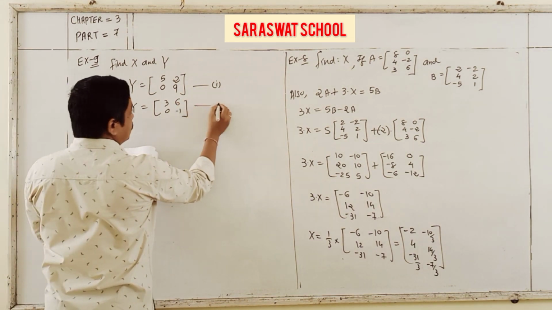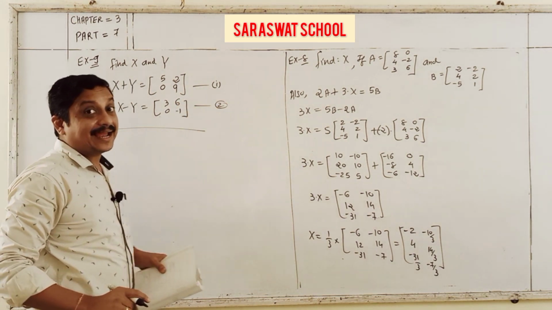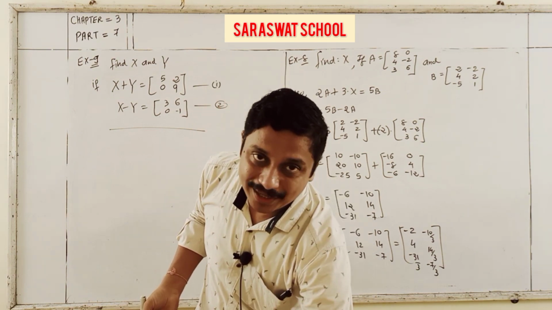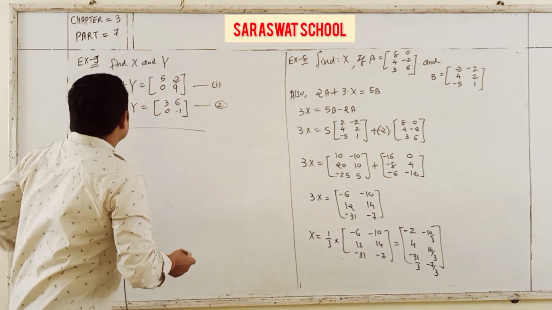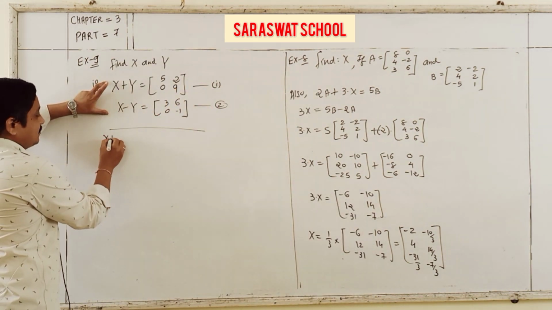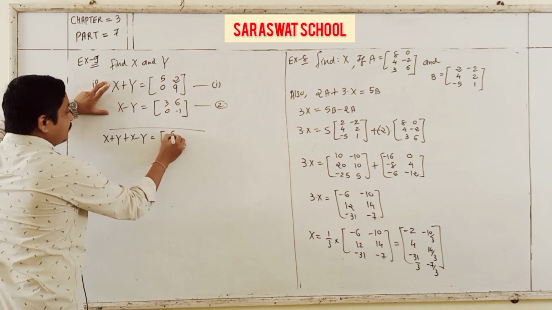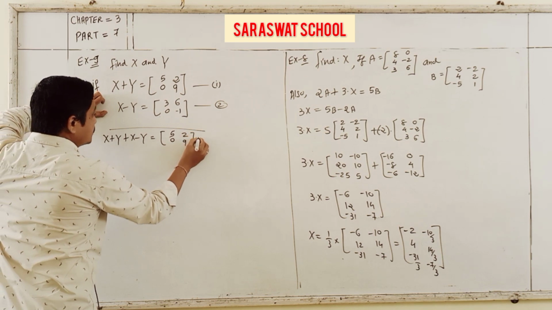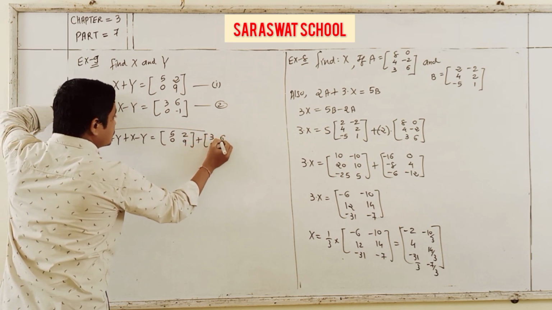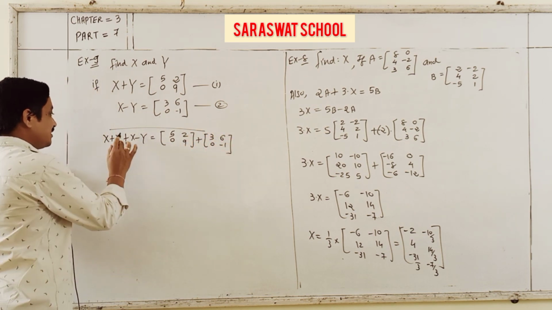0 minus 1. Just add both, 3 6 0 minus 1. Students, if you add, then X plus Y plus X minus Y is 5 0 2 9 plus 3 6 0 minus 1, and what should that be?